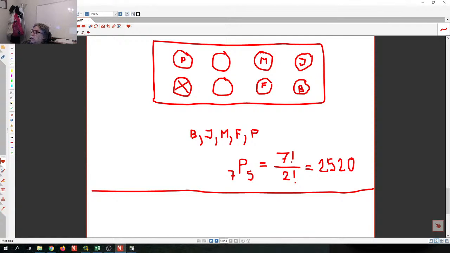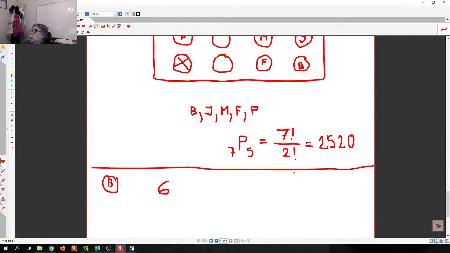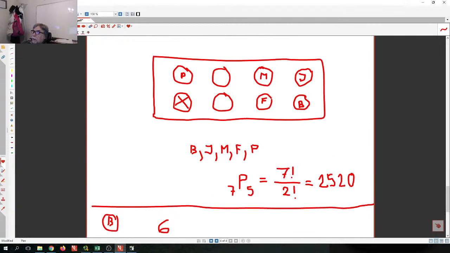I can put Bill here and John on the bottom, so I have 2 different ways just for this row. And I have 2 different ways to put them here, and 2 different ways to put them here. So this is the B part of the problem. I have 6 different ways to put them in two seats in a way that I don't want to have them.